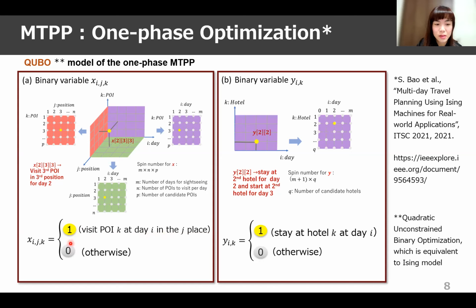If it equals 0, it means not to do that. Likewise, the binary variable y decides which hotel to stay at at the end of the day. If y_ik is 1, it means staying at hotel k at the end of day i. Otherwise, it means not staying at that hotel.